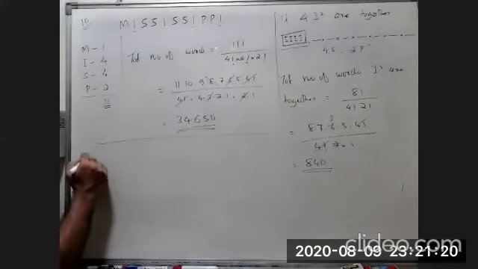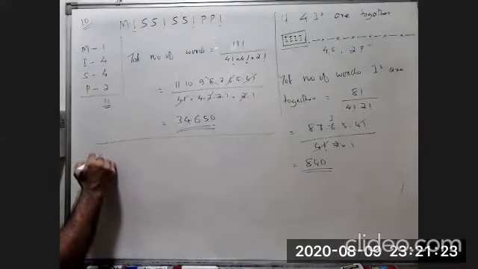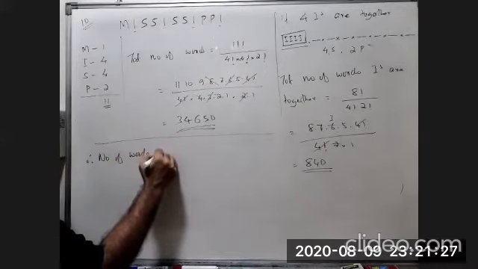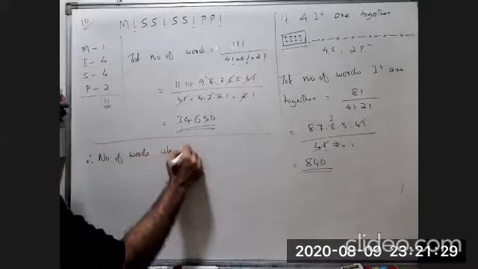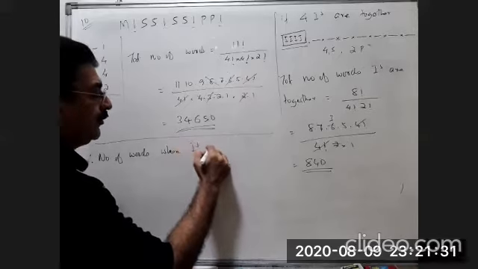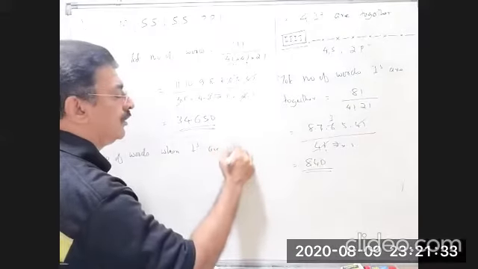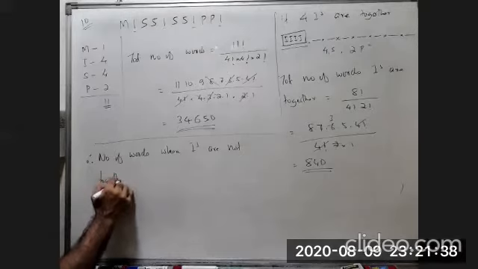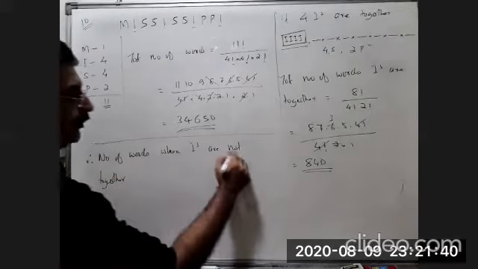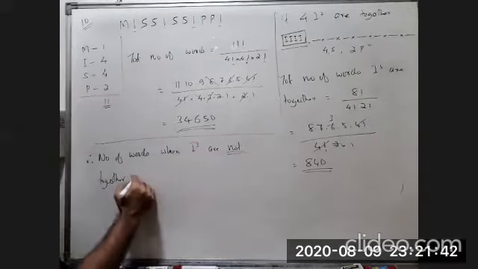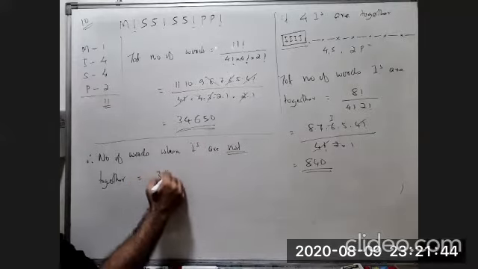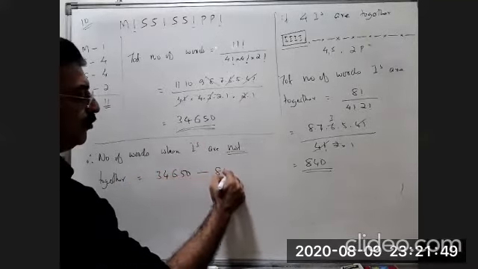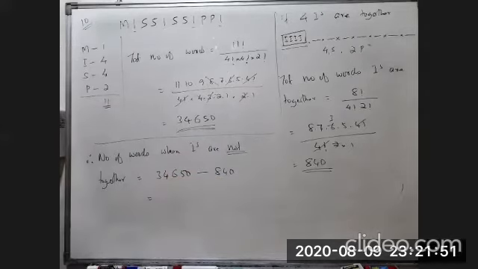So the number of words where I's are not together is equal to 34650 minus 840.